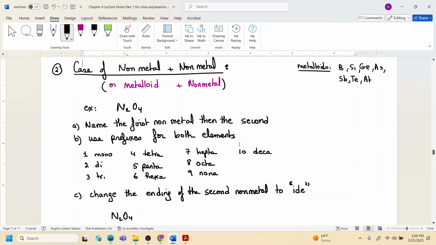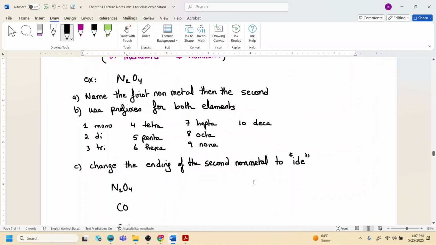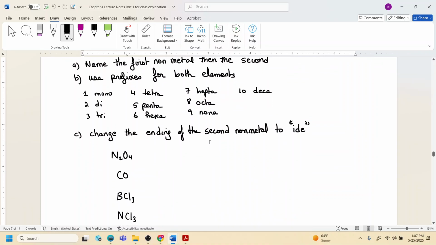You don't have to memorize those prefixes. You can write them on a piece of paper. It's fine by me. So 1 stands for mono, di stands for 2, tri stands for 3, tetra stands for 4, penta stands for 5, hexa 6, hepta, octa, nona, and deca. Okay? And then you're going to change the ending of the second nonmetal into ide.